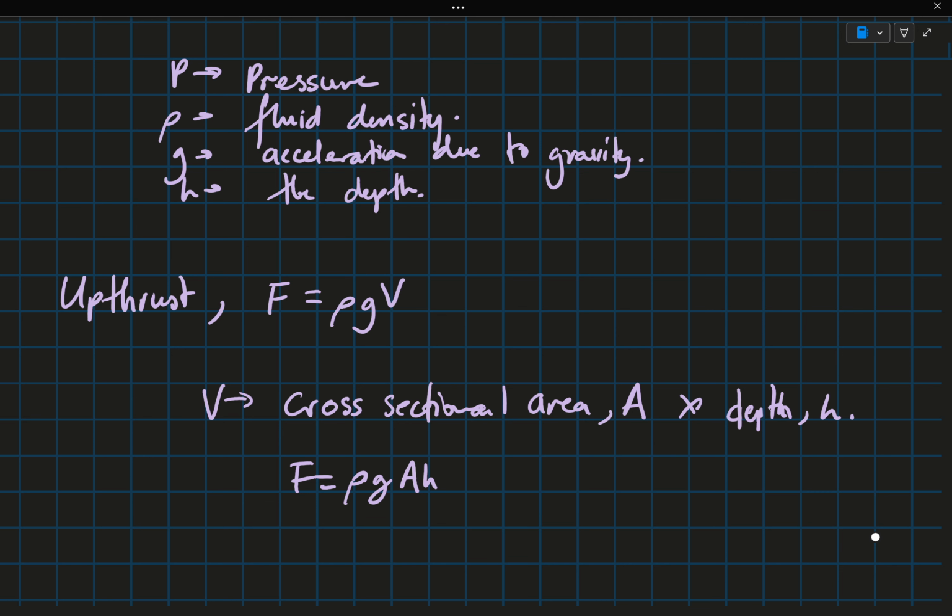We multiply that by the gravity g that is pulling down and the density of the fluid in order to find the upthrust on the object. Alrighty? So that's really and truly what the upthrust is. Are there any questions or concerns here?